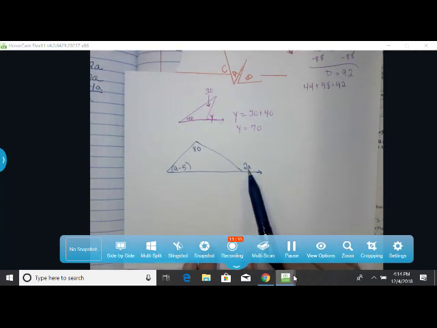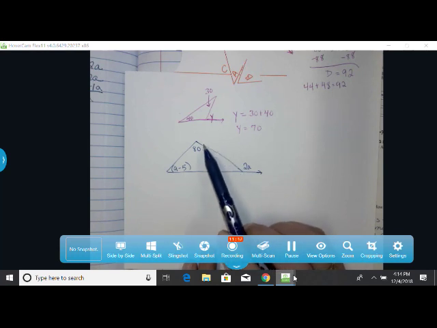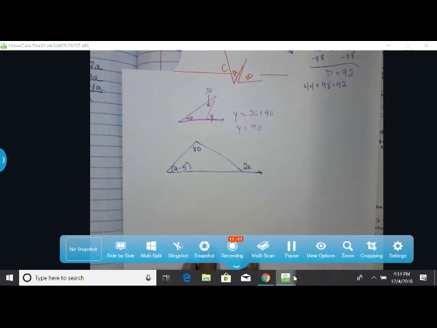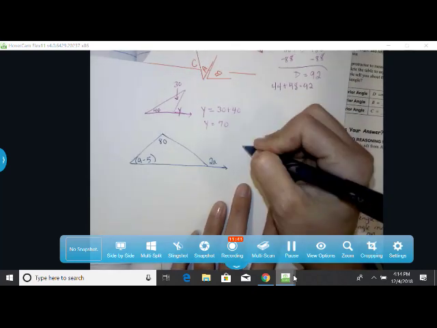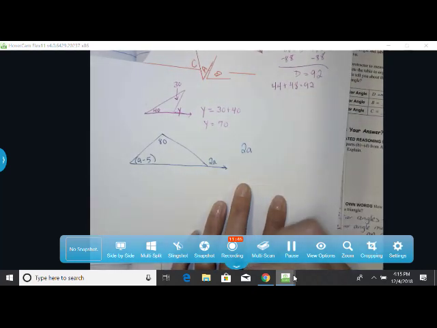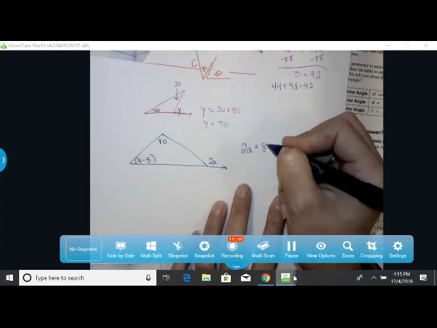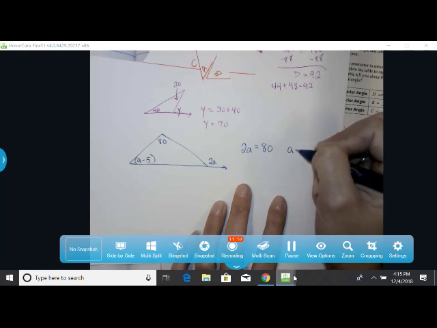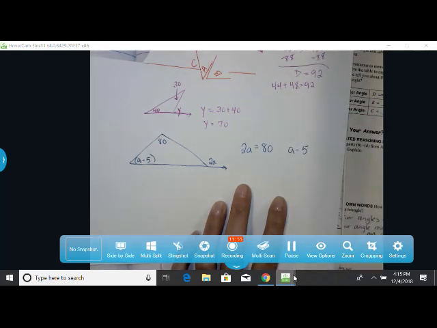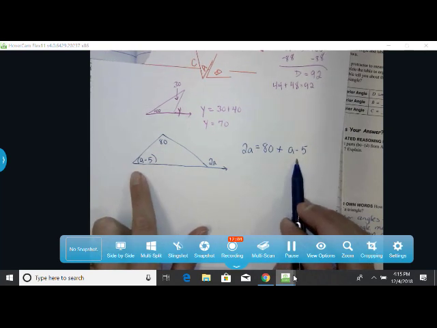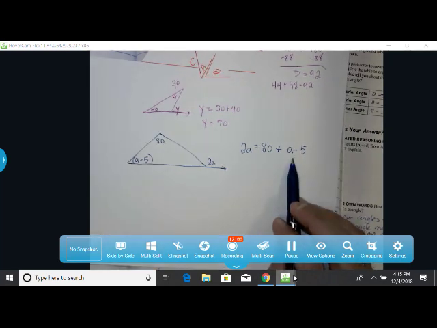The exterior angle is equal to the two non-adjacent interior angles added together. 2A equals 80 plus A minus 5.